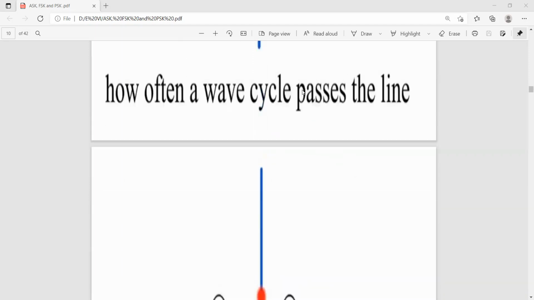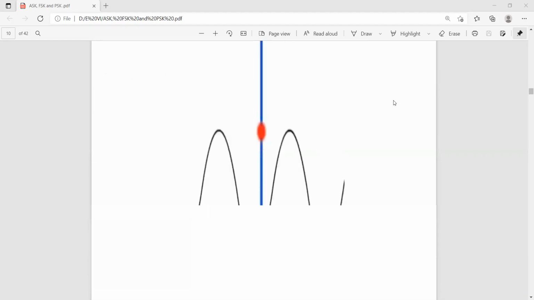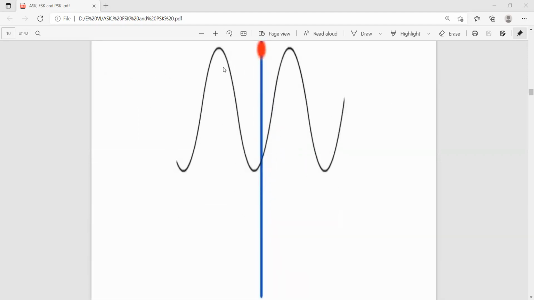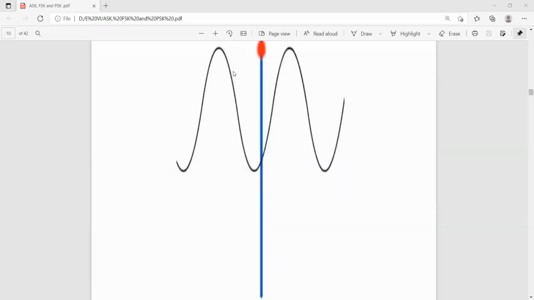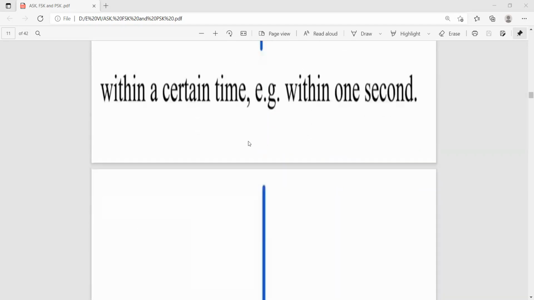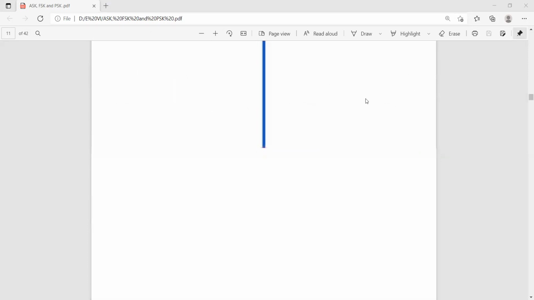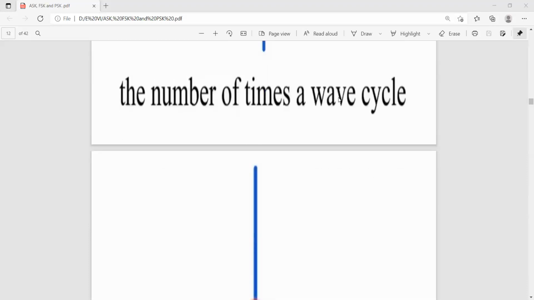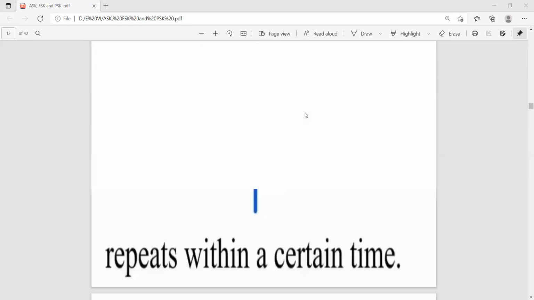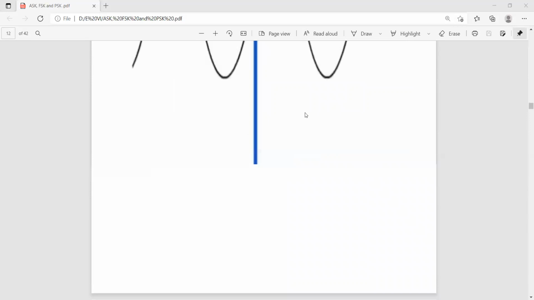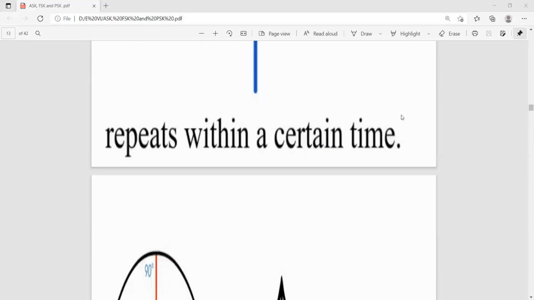How many waves pass through a particular line within one second? The number of times a wave cycle repeats within a certain time, let us assume per second, cycles per second.